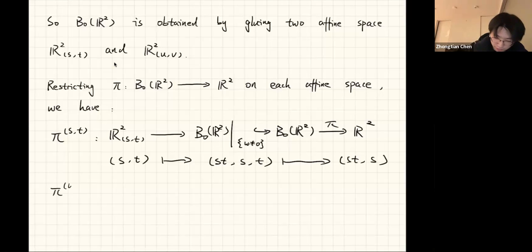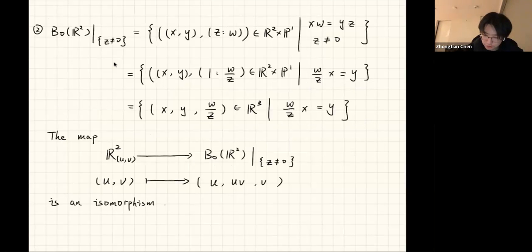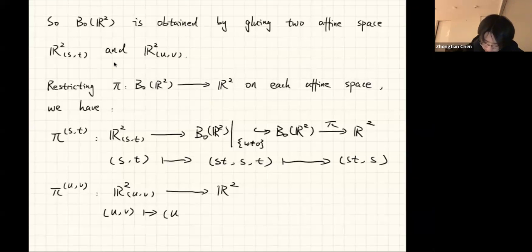And the same thing happens for u, v. We take (u, v), it goes to (u, v, v), and we project to the first coordinate.